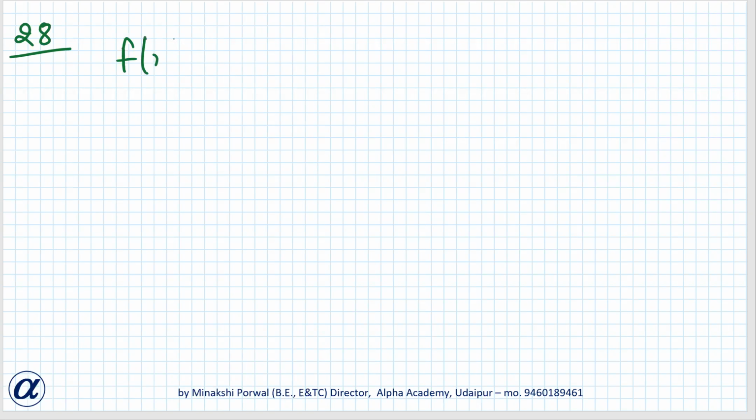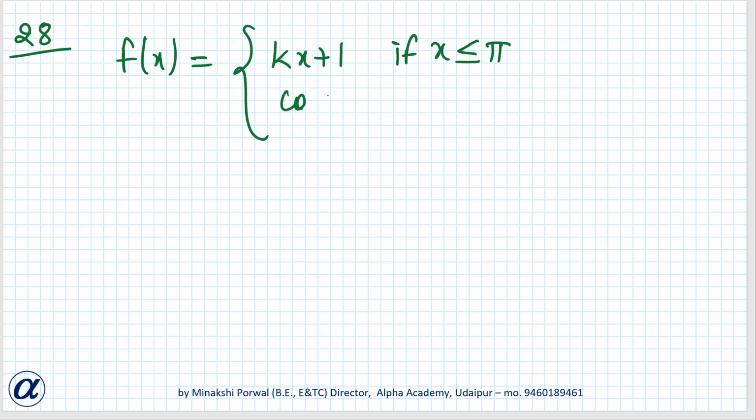f(x) equals kx plus 1 if x is less than or equal to pi, cos x if x is greater than pi, at x equals pi.